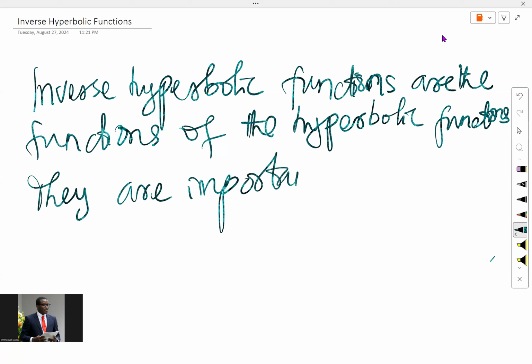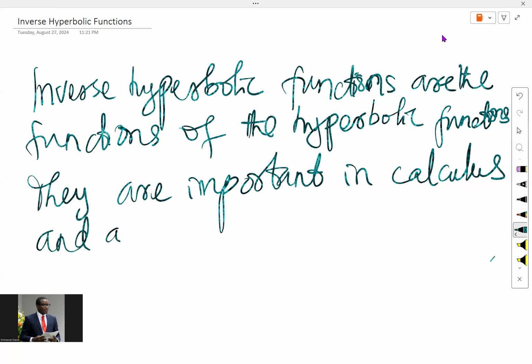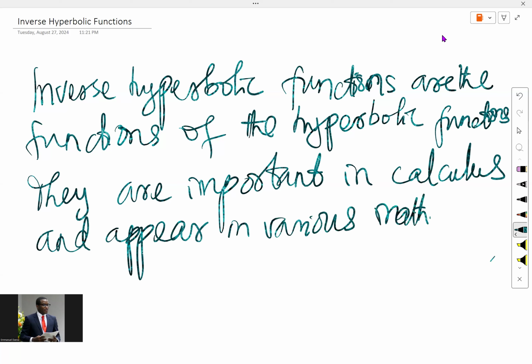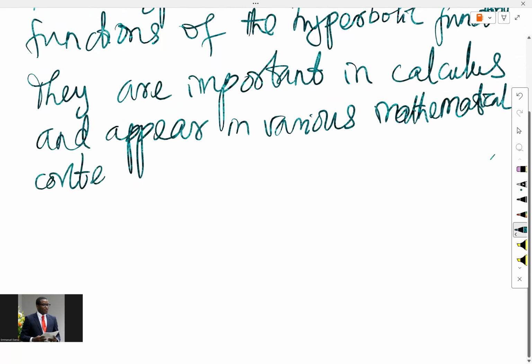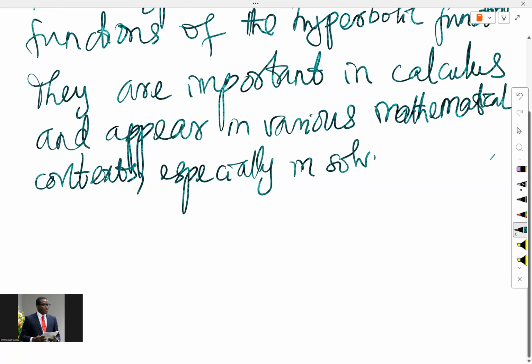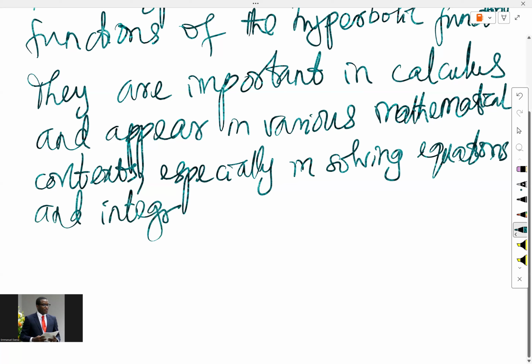They are important in calculus and appear in various mathematical contexts, especially in solving equations and integrals involving hyperbolic functions.